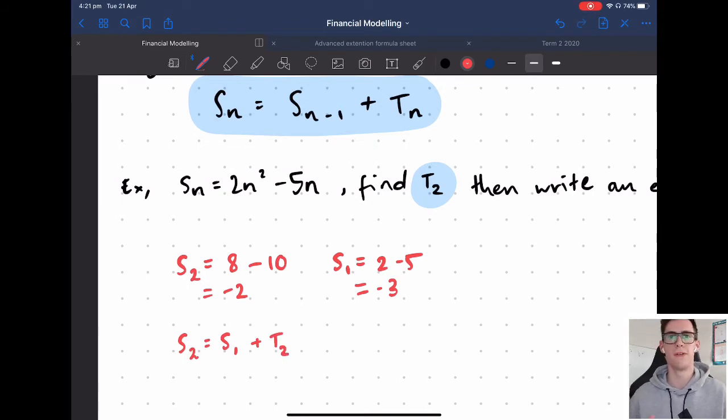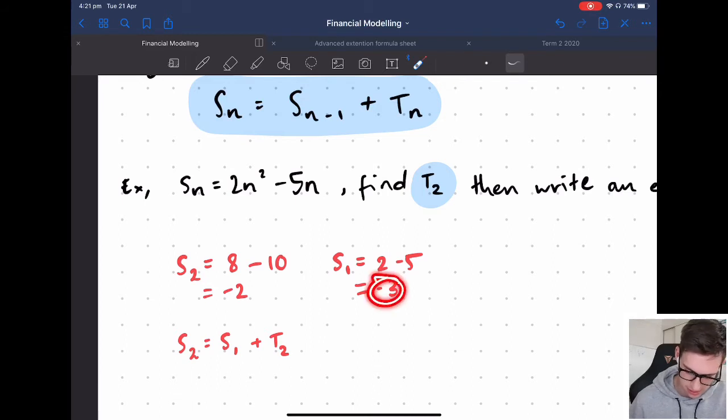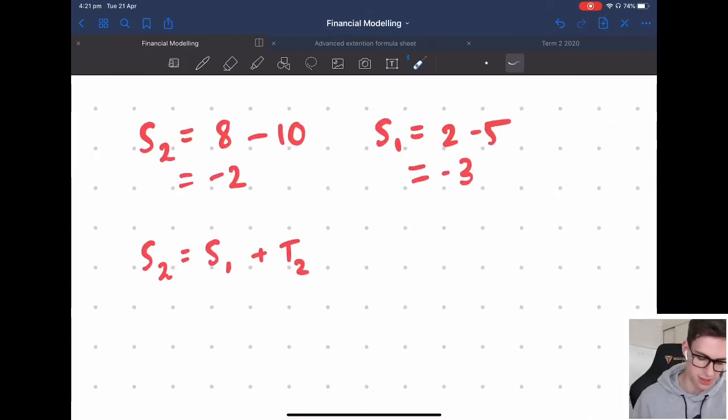And remember, what I'm trying to find is that second term. You could probably answer it already, because you're saying to yourself, to get from this to this, what did I have to add on? And clearly you've added 1, which is going to be our answer. Spoiler, okay? But we'll use the formula.